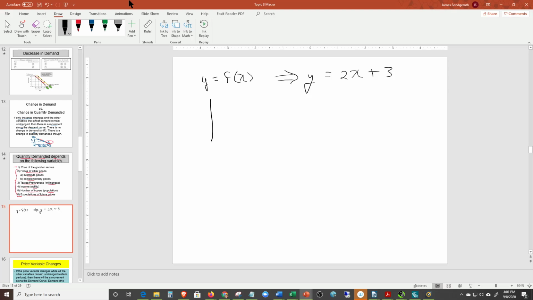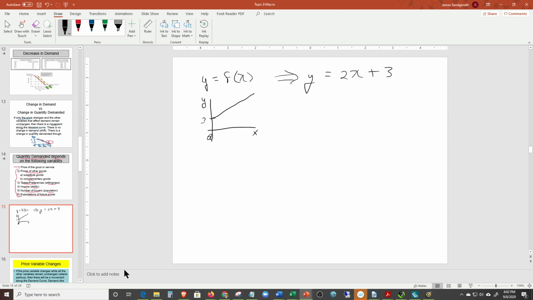And if you put y here and x here, 0 here, let's say 3 is here. So when x is 0, y is 3, then we would draw the line up like this.